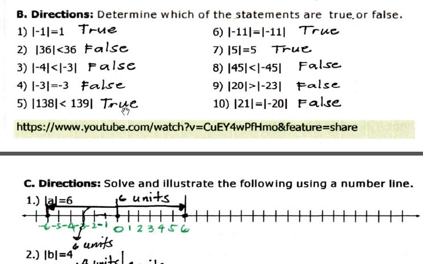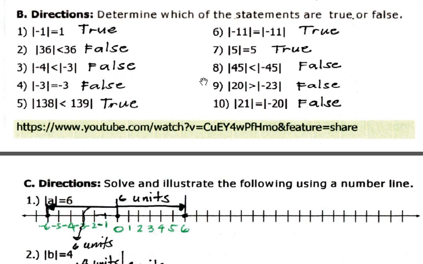Number 5 is a true statement. Number 6, is absolute value of -11 equal to absolute value of -11? It's true, because if we take out the absolute value symbol, it's 11, and on the right hand side, it's also 11. So it's a true statement. The same with 7, true.